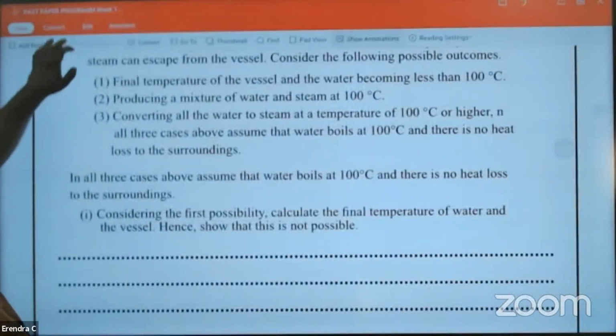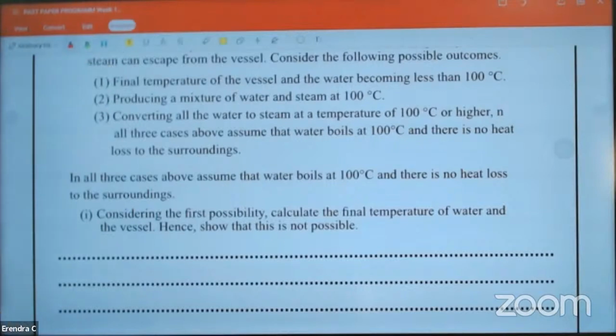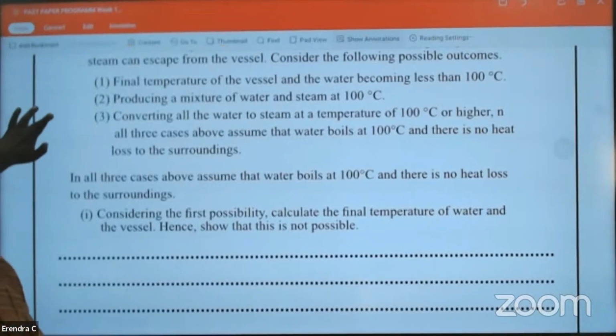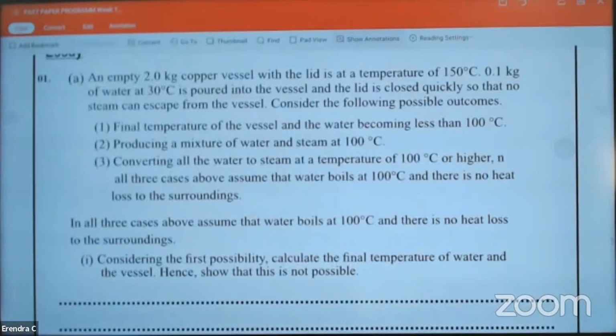Essay question. This is what they are telling. Now, an empty 2 kilogram copper vessel. Best is draw it.